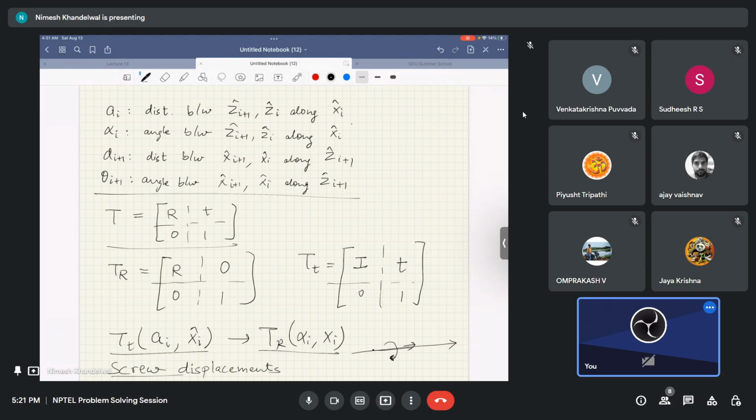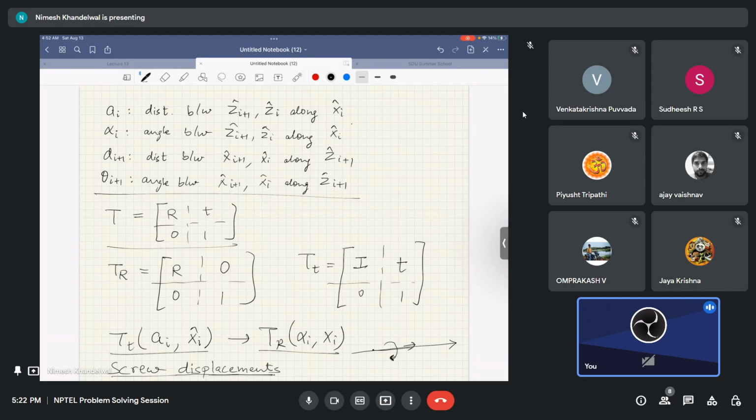We all know that in a screw, when we rotate it in its fixture, it translates automatically along the same axis that we are rotating it in. So the name screw displacement is motivated by that motion.